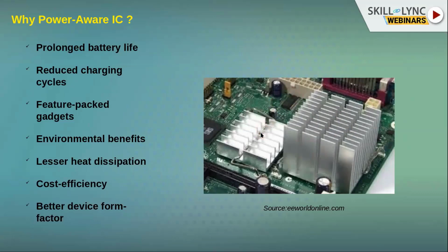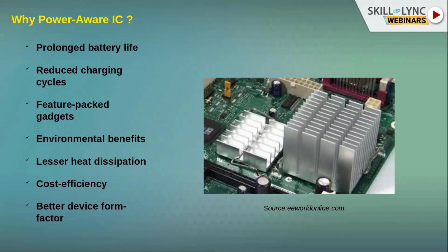A lot of heat is generated in this case, and as we can see, we need a lot of techniques put together with the electronics in order to maintain a lower temperature in spite of all these electronics getting heated up. So if you reduce the power consumption itself, then the need for all these extra structures on the boards can be reduced, and as such you will be reducing the cost as well as the form factor of the entire system.